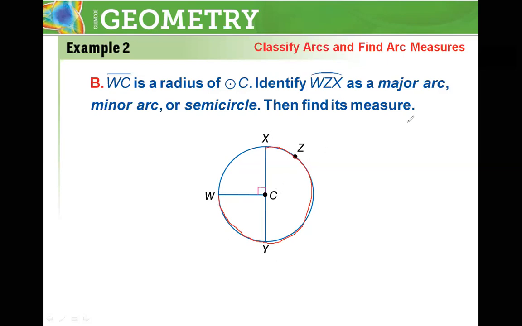So it's called major or minor or a semicircle? I think minor arc. No, major arc. So it's a major arc. What about its measure? Bigger than 180, equals 360, I think.